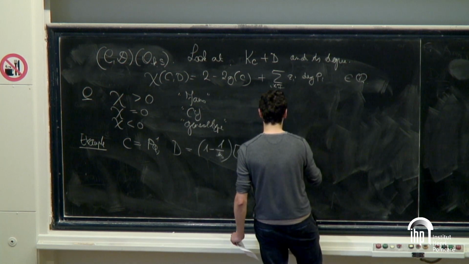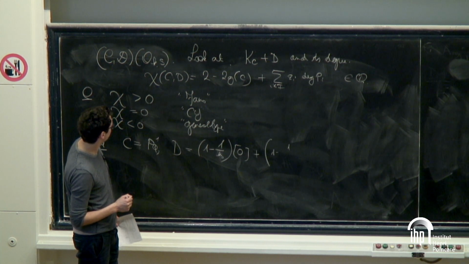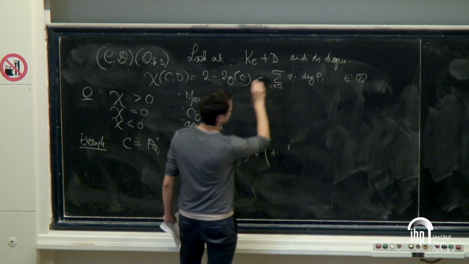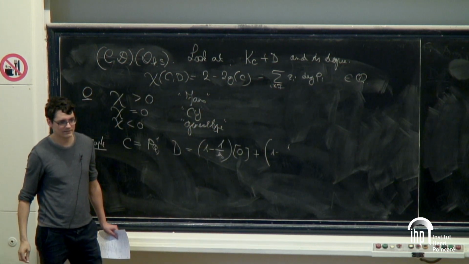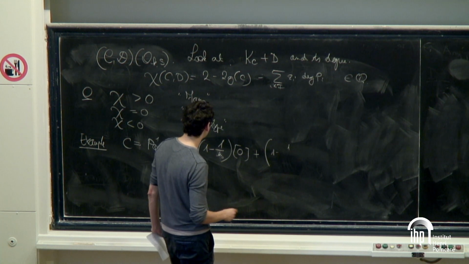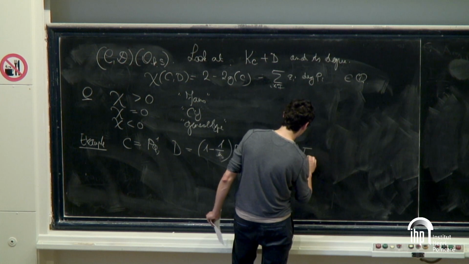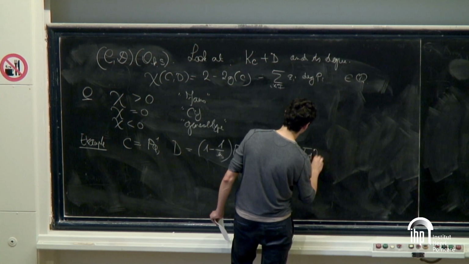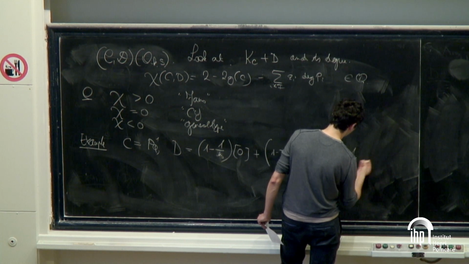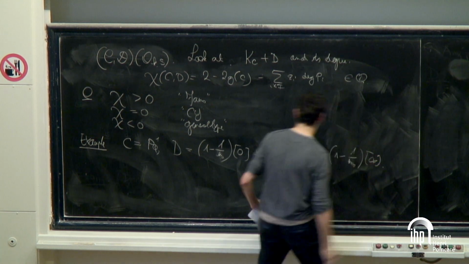Is this minus the sum? Yes, it's going to be the negative of K_C plus D. Yes, this is good. Sorry. So I choose an orbifold boundary supported at three points, 0, 1, and infinity, and I wonder what my sets of orbifold or Campana points actually look like in this case.